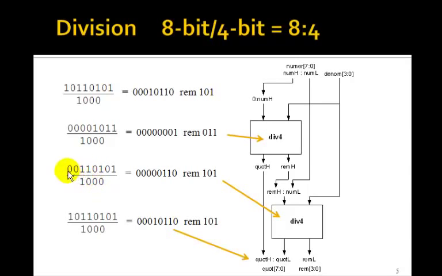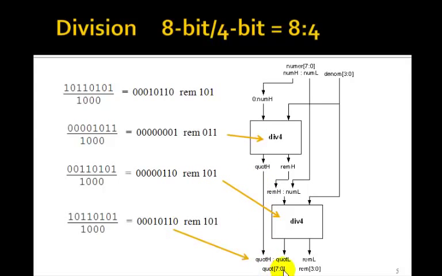And so we can shift this one 3 bits to the right to see what the answer is, and you'll get 00000110, and the remainder will be this 101. So quotient low then is 0110, remainder low is the 101.